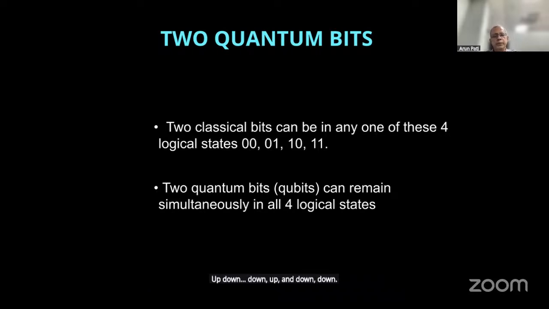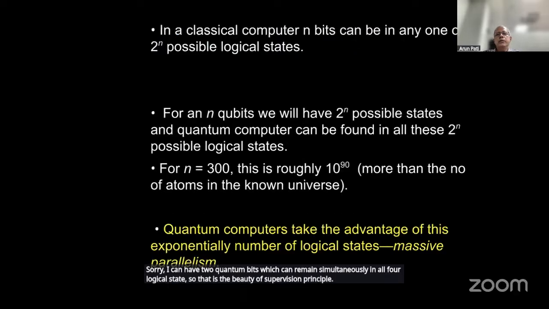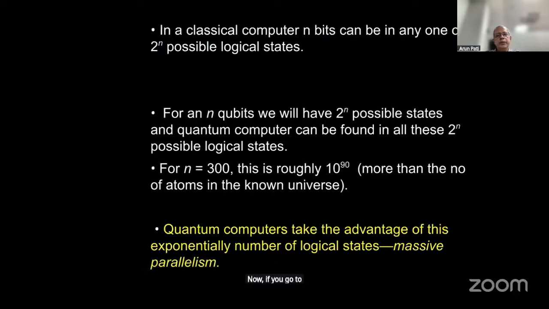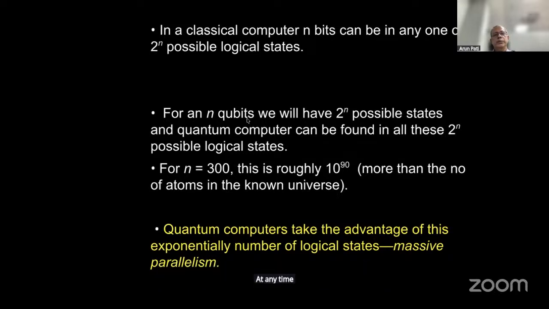But because of the superposition principle, I can have two quantum bits which can remain simultaneously in all four logical states. So that is the beauty of the superposition principle. Now, if you go to n quantum bits, you see how vast this Hilbert space actually grows. In a classical computer, your n bits can be at any time in one of these 2 to the n different possible logical states.